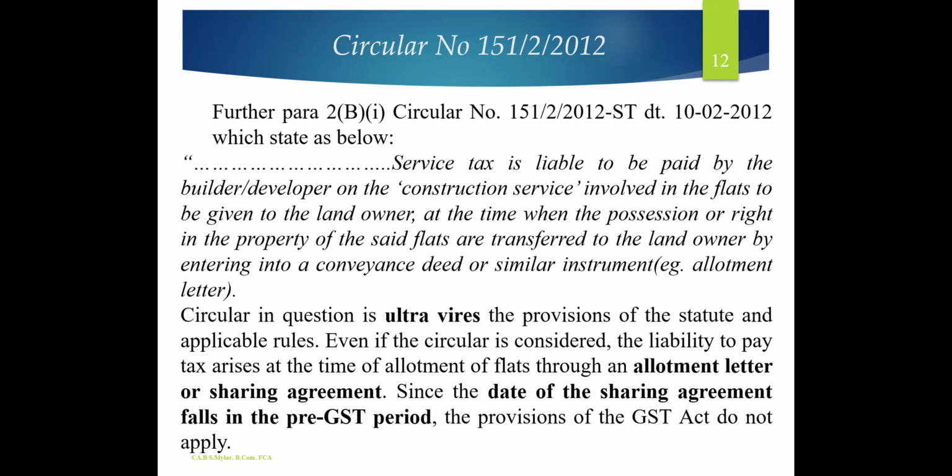Even under Circular 151, the provision says on completion of the service. Here, one important thing is that this Circular 151 is the same one they have carried forward to the 2018 GST period.